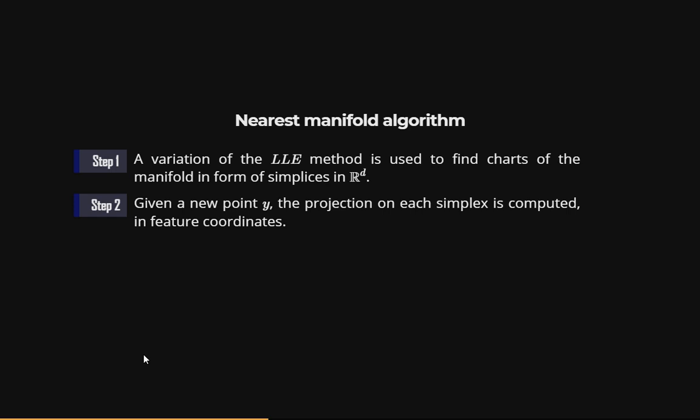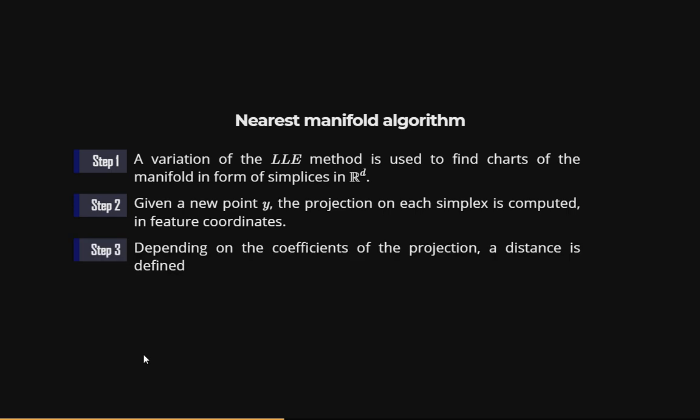Now, these feature coordinates are written as combinations of the coordinates of the vertices of the simplex, so barycentric coordinates, if you know them. Think of a triangle in the plane. So you have your triangle given by your 3 points.